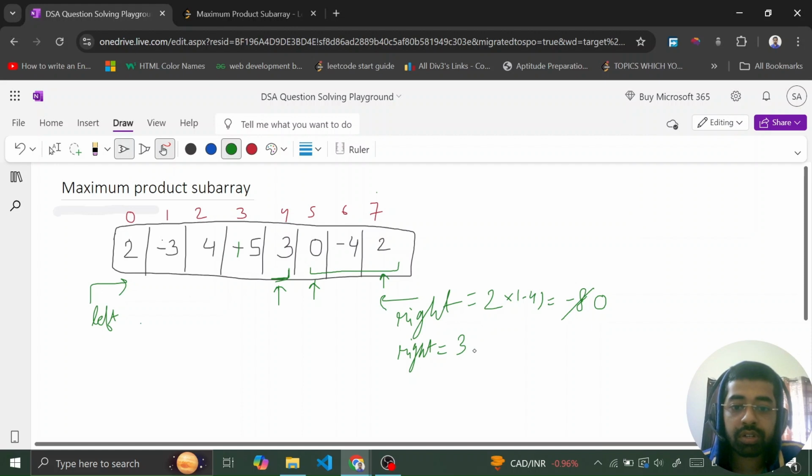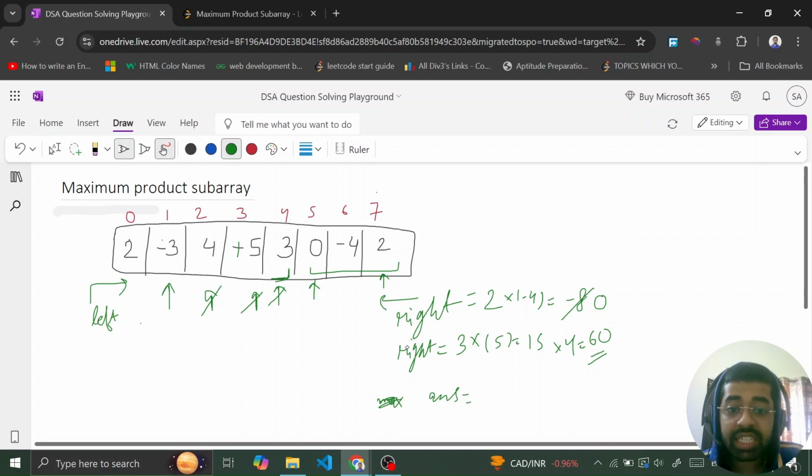Now we have 5. So we have 3 into 5, which is 15. Good, right? It's done. Now we have a 4, which is into 4, which is 60. It's good. And now we have encountered a -3. So we have to actually also maintain a max, or we have to maintain an answer which is the max value.